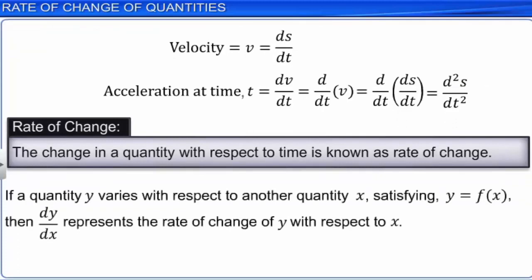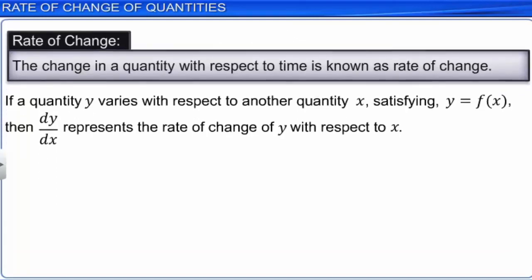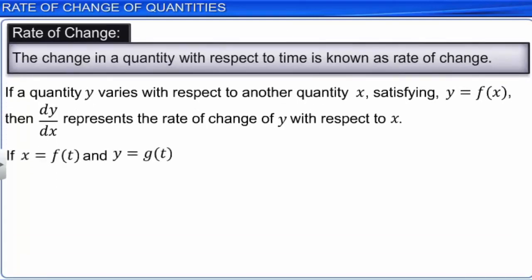If a quantity y varies with respect to another quantity x, satisfying y is equal to f of x, then dy upon dx represents the rate of change of y with respect to x. Let x and y be two distinct functions of time.